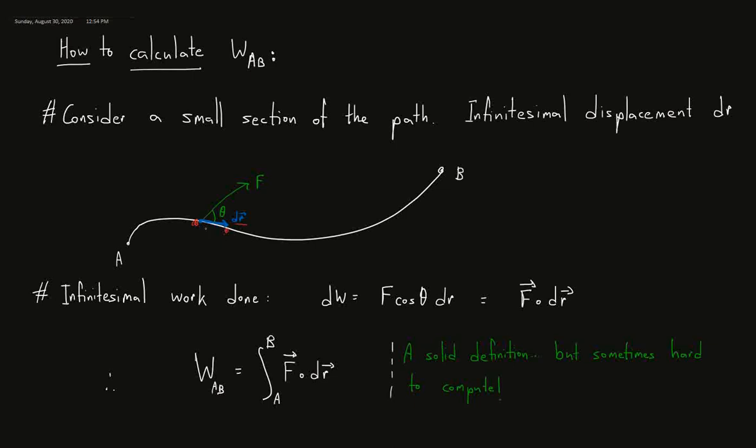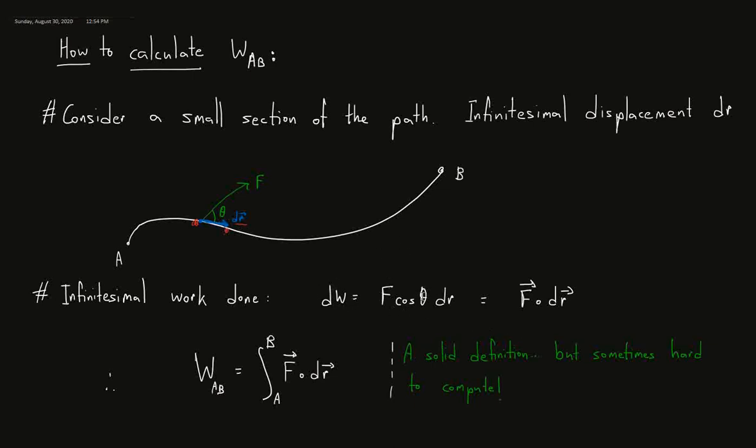Then you can say that the infinitesimal work done in going this small displacement is given by dW, and then you can use the basic idea of work done, which is displacement parallel to the direction of the force. So you take the parallel component of force to the displacement, you use F cos theta, so you have dW equal to F cos theta dr. Now F cos theta dr should remind you of basically a dot product, right?